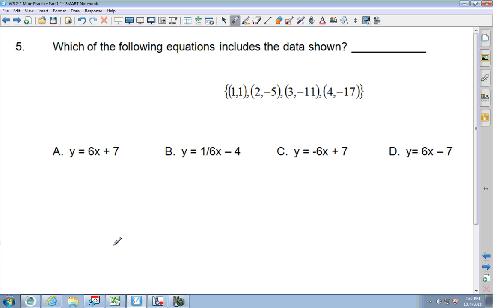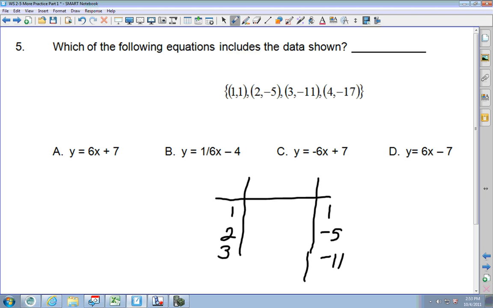Next, right here, which of the following equations includes the data shown? Now, you can do one of a couple things. You can go through and build a table and find your equation. So I've got 1, 1, 2, negative 5, 3, negative 11. Okay, you really don't have to do all of them, but you could find your equation from this part right here.